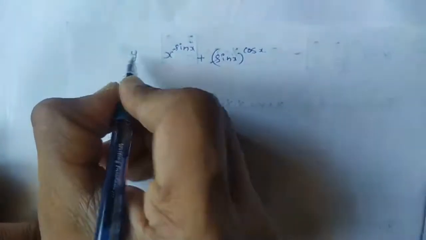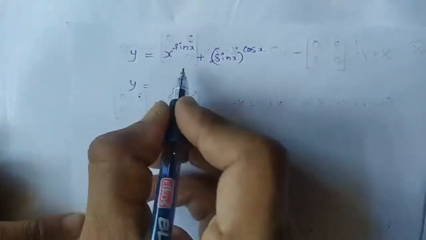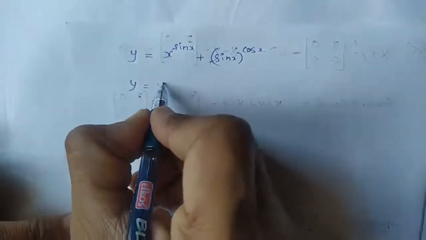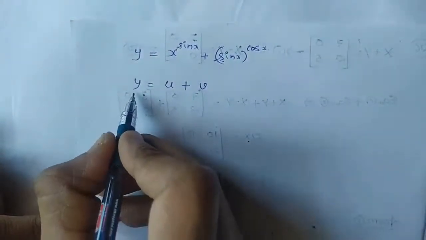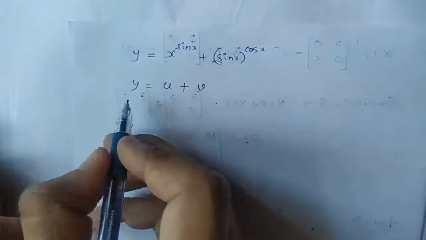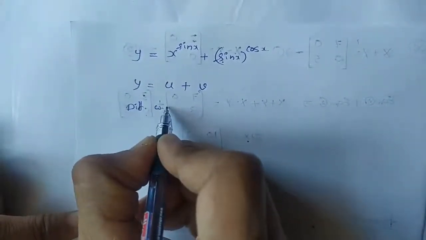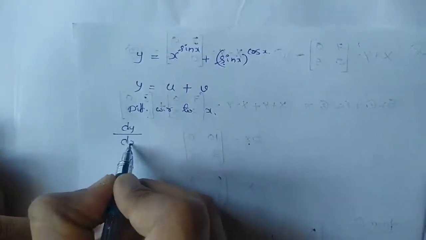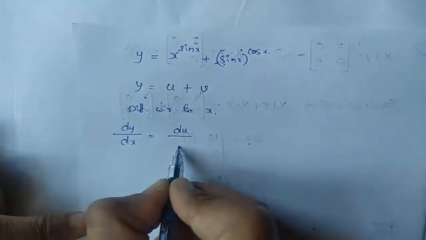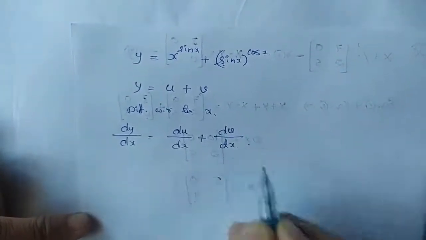Let us consider this will be y. So y equals what we have taken, x power sin x, u we have considered, plus sin x whole power cos x is v. We need to find the differentiation of this function. So differentiate with respect to x, then dy by dx equals du by dx plus dv by dx.